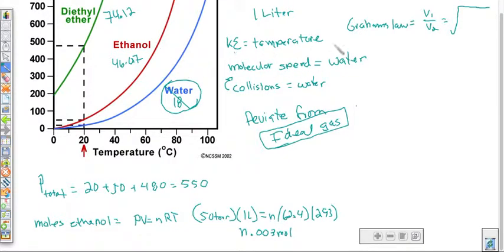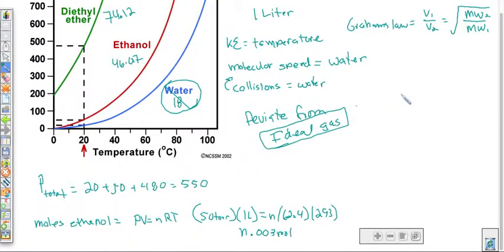So the bigger, the bulkier is going to go slower. And so it's actually going to be the square root of the inverse of the molecular weights of these two. So I would do molecular weight of 2 divided by the molecular weight of 1. So all you have to know is the molecular weight to figure out the ratio of speed of one to the other.